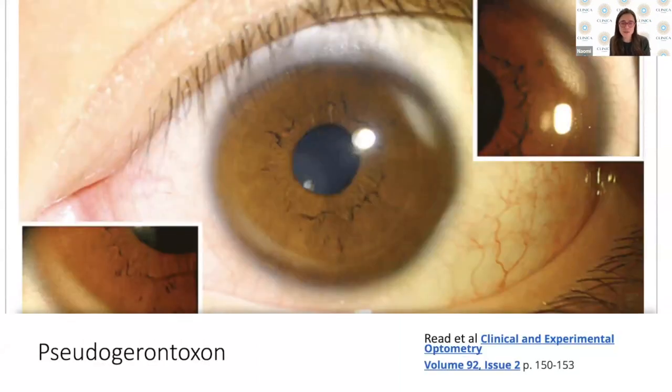And then in the longer term, those previous pictures show really active disease; limbal inflammation there was what I would call a flare-up. But in the longer term, you can get some more chronic signs. This picture shows pseudogerontoxon, which is these white areas circumferential in the peripheral cornea, which look a bit like corneal arcus or arcus senilis.